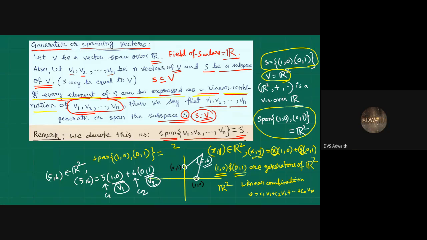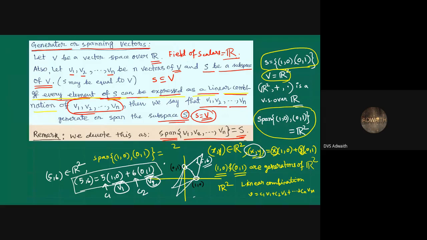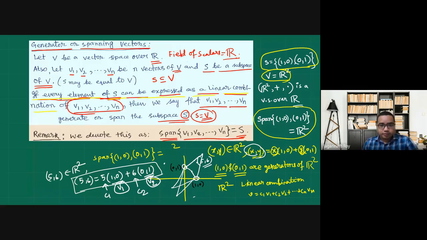Similarly, for any other point, you can get there by a suitable choice of scalars. In this two-dimensional space, you take any point (x, y), and we can write it as a linear combination of these two.